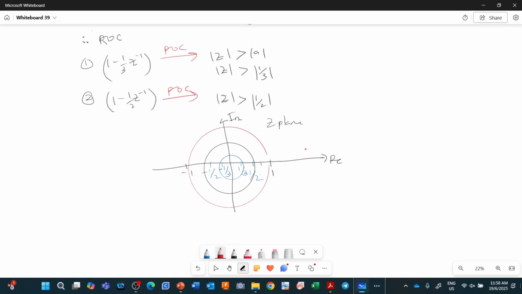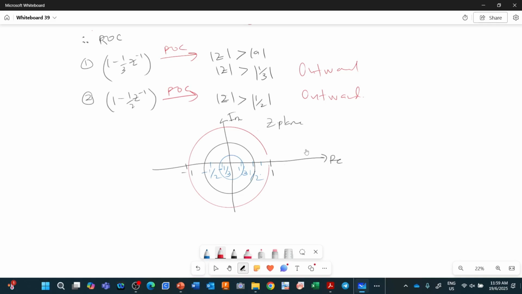This one is outward, and this one also outward because z is more than a. So imagine that all is outward, going out. Since you have two ROC values, you need to find where the two overlap. 1 over 3 is only overlapping at 1 over 2, right?